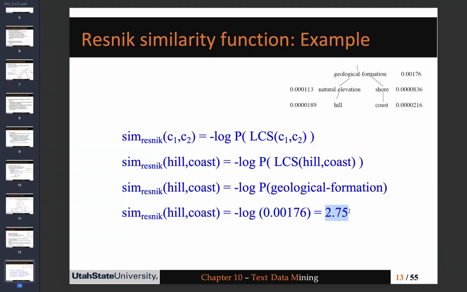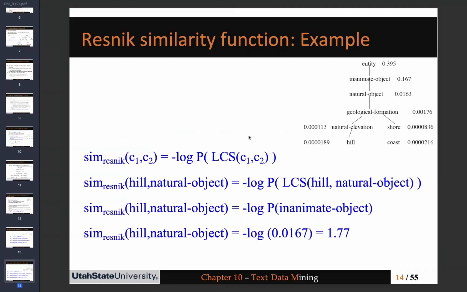Now, if I wanted to see how this score compares to two other words, such as hill and natural object, right? So hill and natural object, which is kind of a far out concept all the way up in the tree, we need to apply the same logic here. So we need to first find the lowest common subsumer, which is their first parent that is a parent of both of them, right?